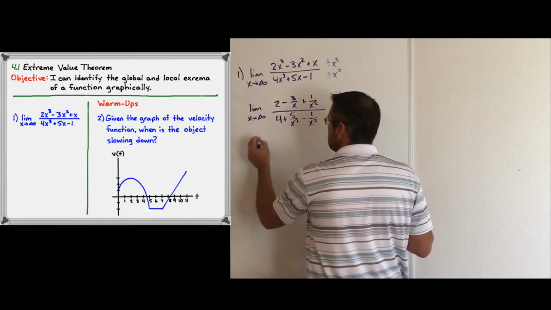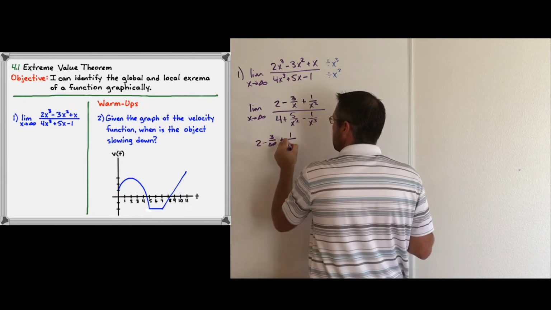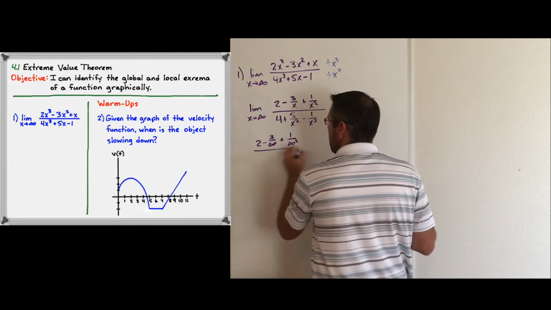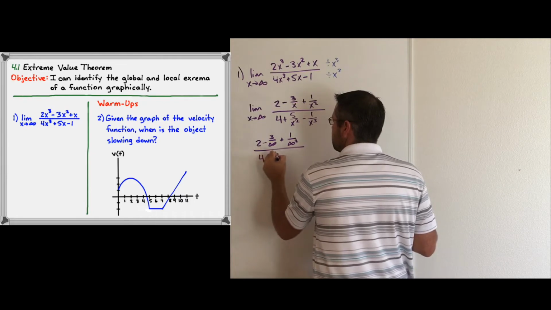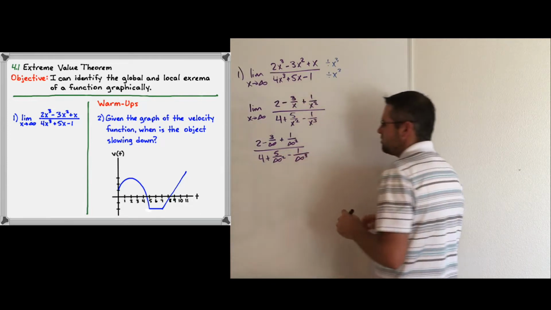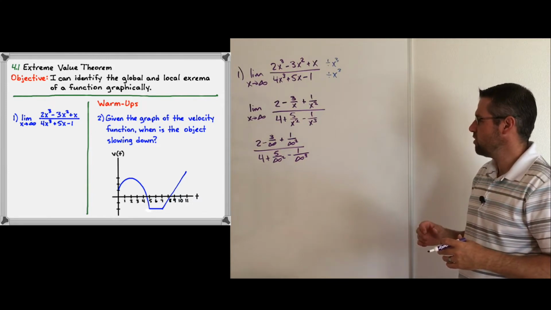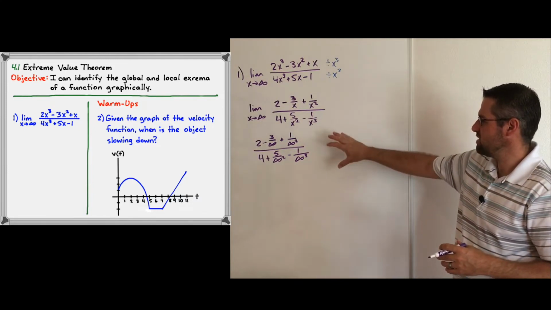So if I substitute infinity in, I end up with 2 minus 3 over infinity plus 1 over infinity squared, all over 4 plus 5 over infinity squared minus 1 over infinity cubed. Plugging in infinity is kind of an odd concept, so we're going to simplify this as much as we can.